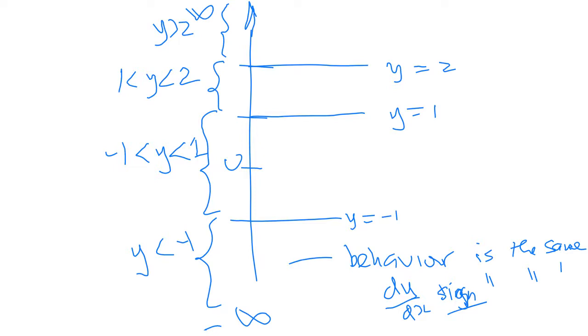So what we want to do now is to check the sign of the derivative inside those sub-intervals. All we know here is that at the null-clients, the derivative is 0.